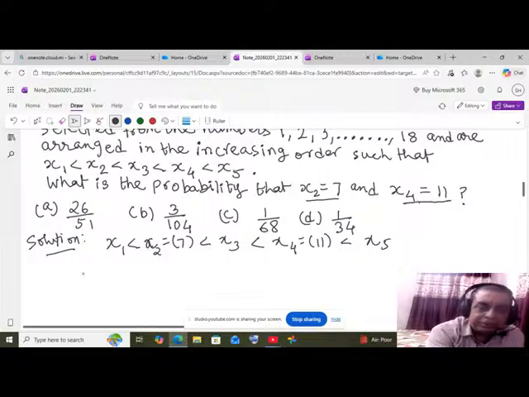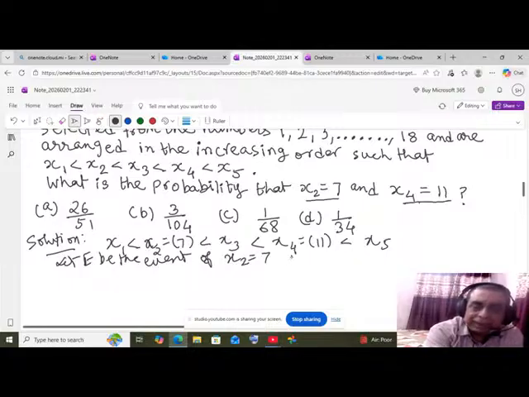What is the probability? So let E be the event that x2 is equal to 7 and x4 is equal to 11.